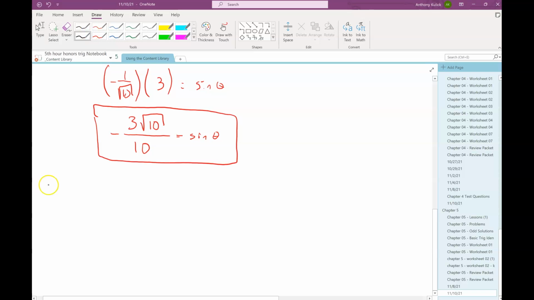So that's one kind of problem you're going to be asked to do in the homework. The majority, though, of the things you'll be asked to do are going to be these simplify the expression kind of problems.